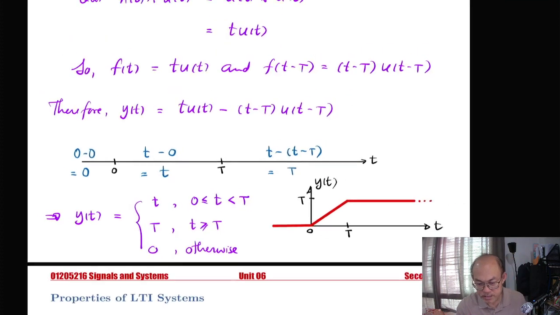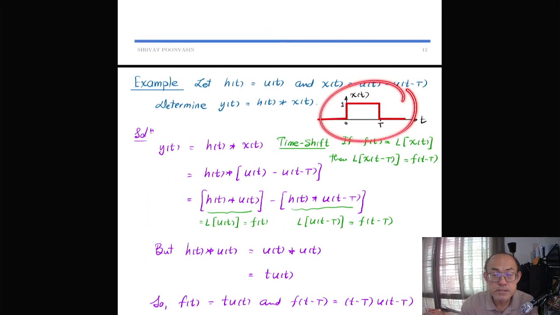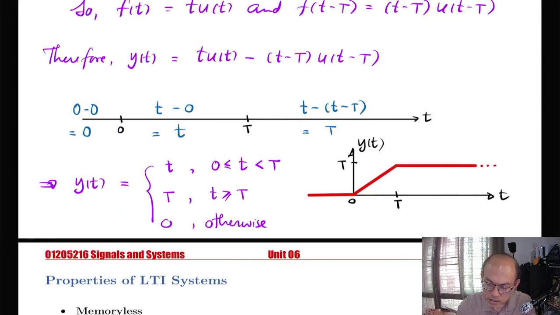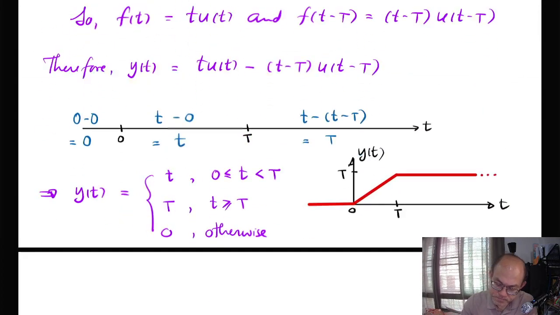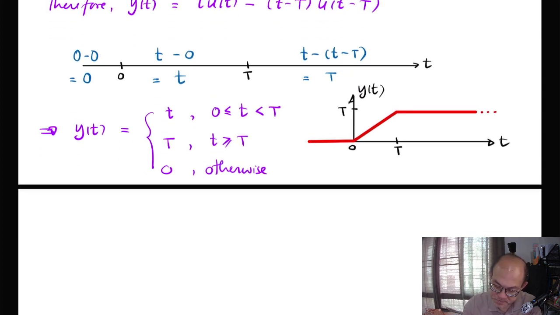This signal is the result from applying this signal to this system. So this is the zero state response. Now let's do one more example.